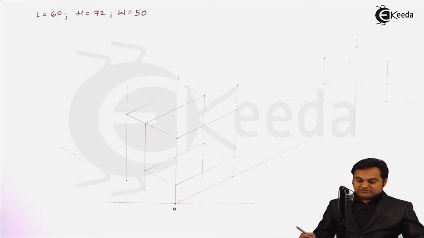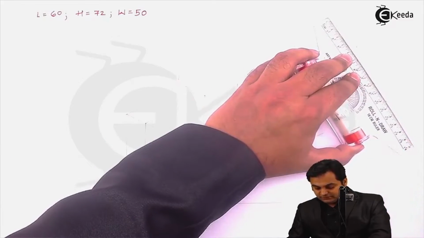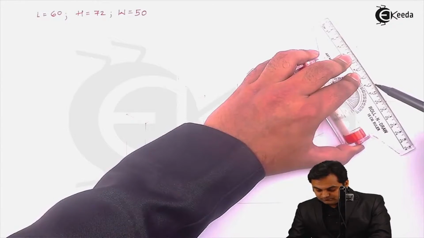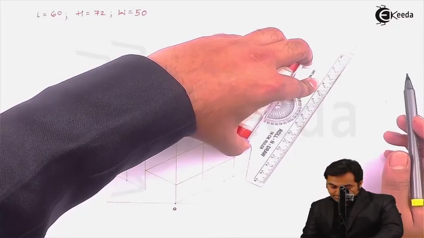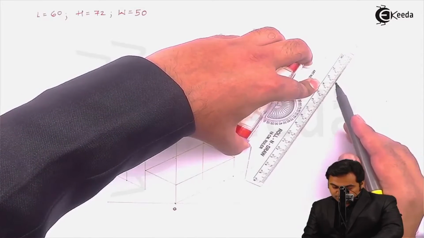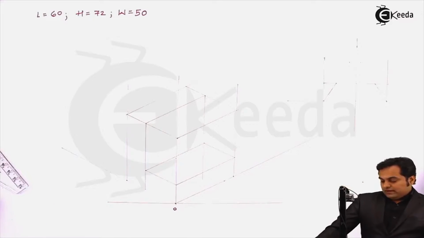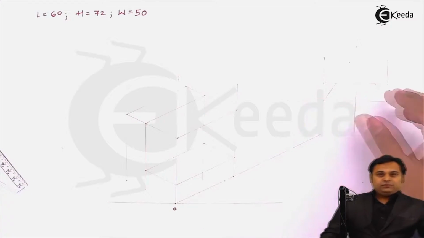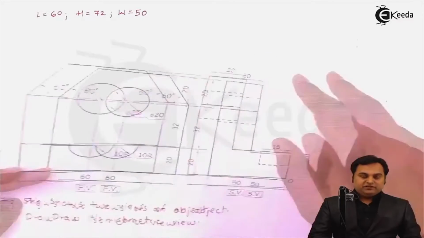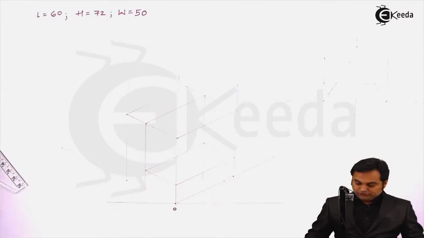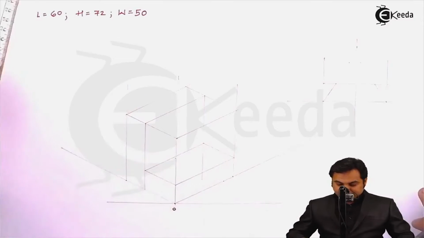So measuring 60 degree from both the corners, drawing light lines through them. And now this is the surface which we are seeing from front, which I am going to copy and plot it here. So I'll make it dark.